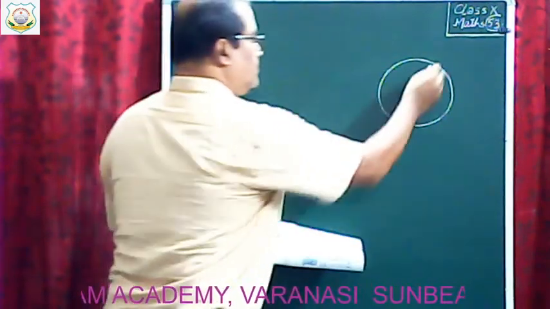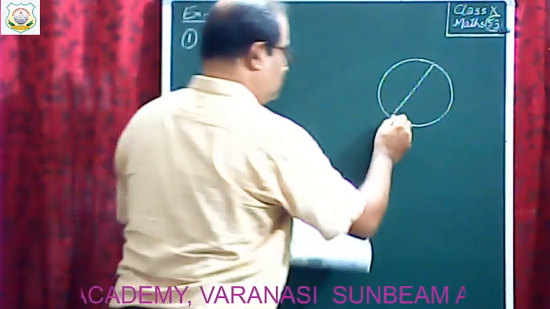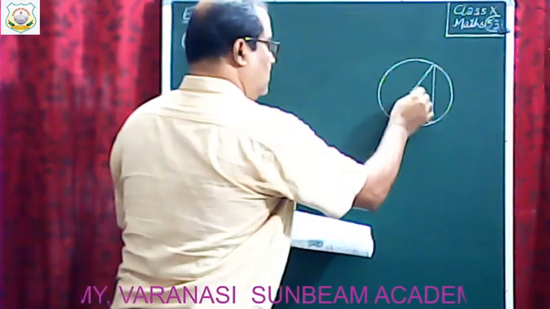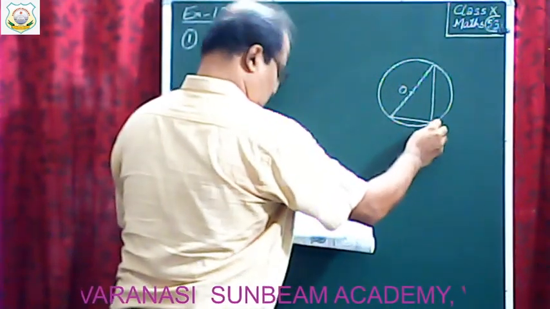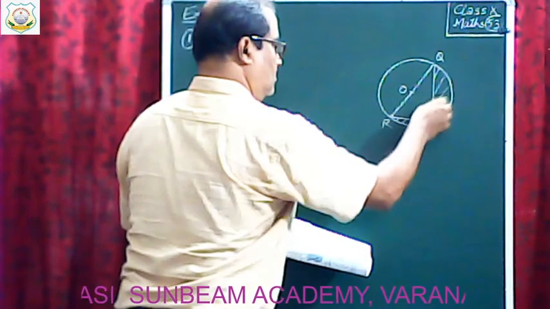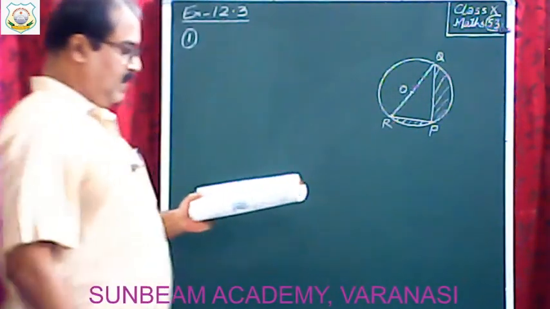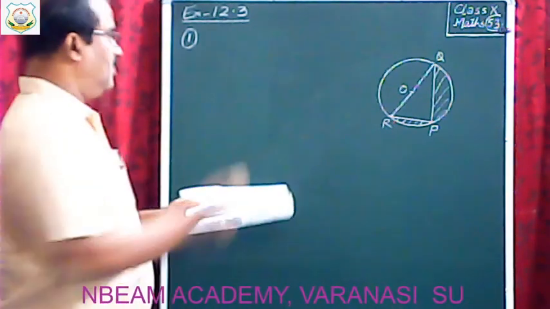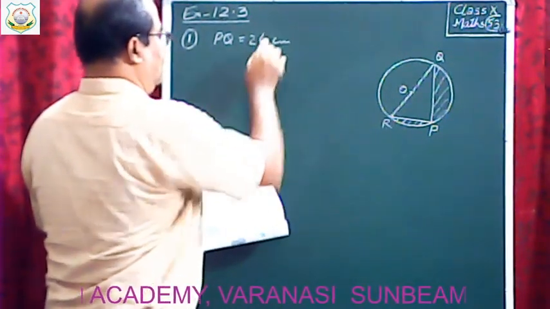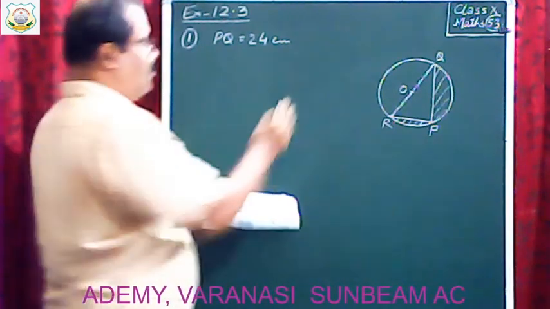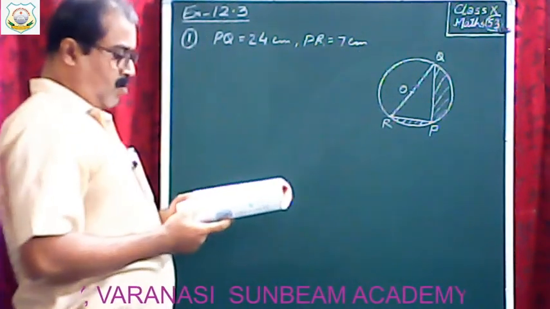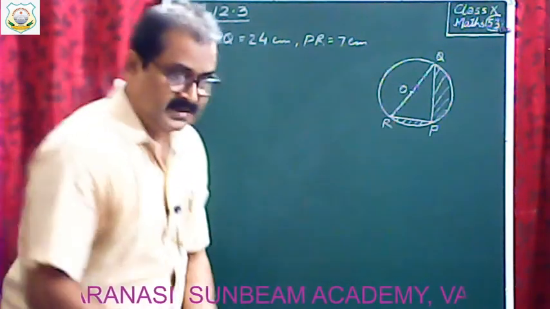Circle, triangle, center, P, Q, R. Okay, in the figure, find the area of the shaded region if PQ equal to 24 centimeter, PR equal to 7 centimeter, and O is the center of the circle.